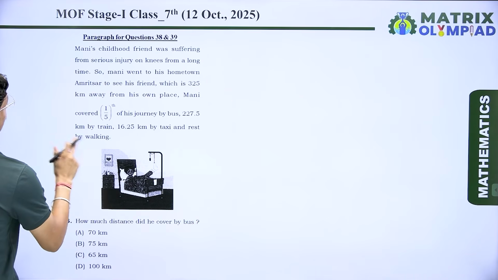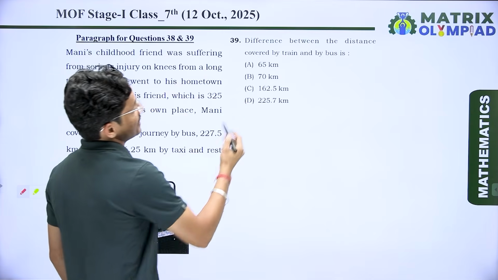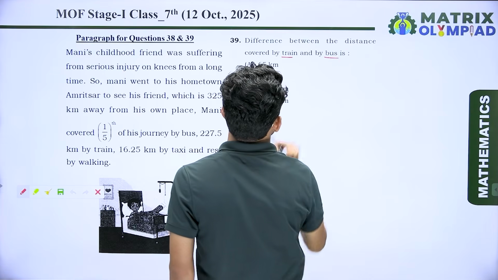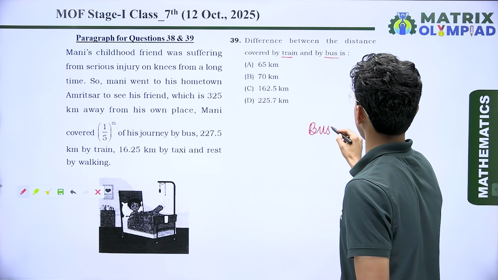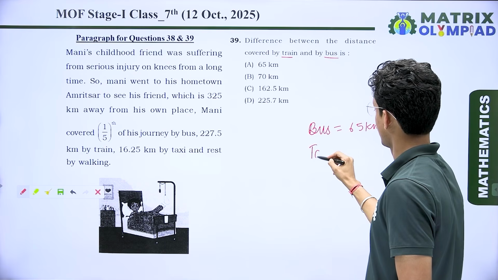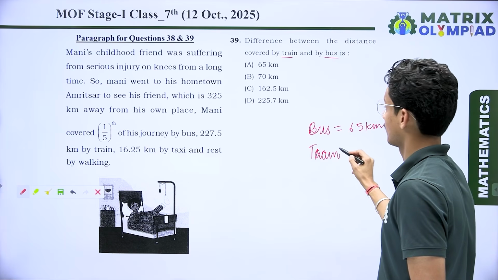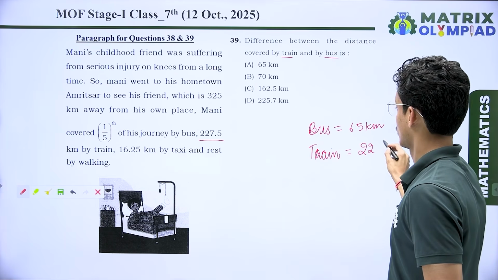Now the next question, which is again based on the same paragraph, and the question is the difference between the distance covered by train and by bus. In the last question we found the distance covered by bus, that is 65 kilometers, and the distance covered by train is 2 to 7.5.